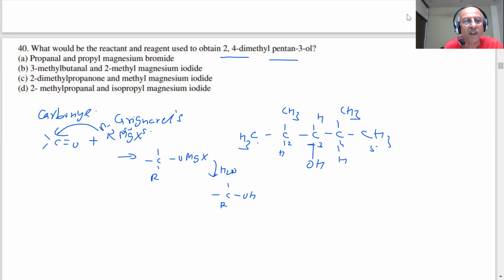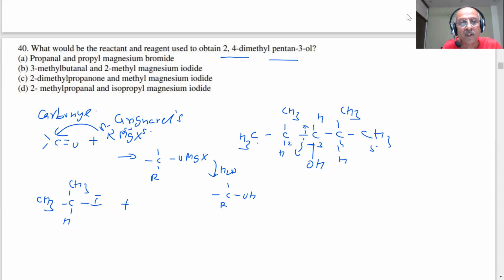Now this is the point, student, where R has to be added. So what type of reagent should we have? Consider CH3, CH3, CH. Since we are using iodide, if I use this compound and break it here, then what will be the aldehyde?